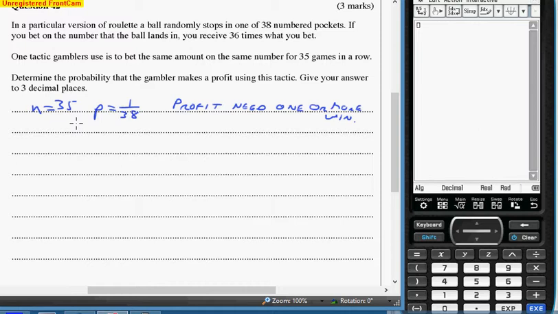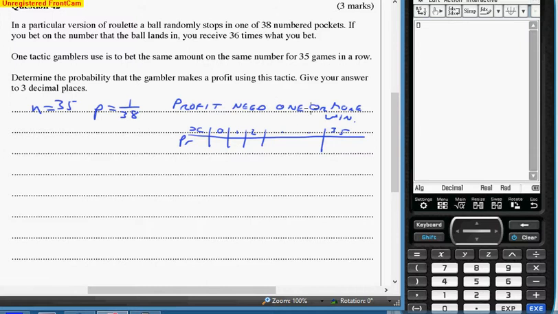When you need 1 or more, if you remember a probability distribution table, here's your x and here's your probabilities. You can either win 0 times, 1 time, 2 times, all the way up to 35 times. All the probabilities add up to 1, because one of those things is bound to happen.